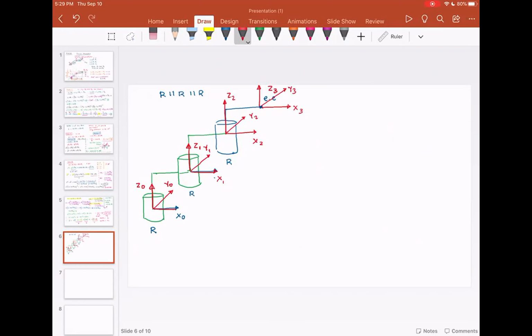So we have drawn the coordinate systems. Let me give you some lengths.